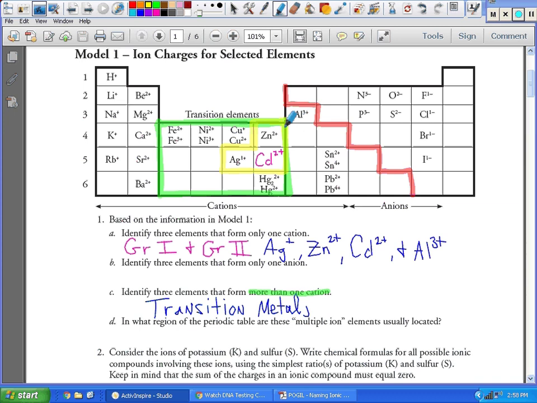Those 3 right there. Now, why do you think that when we've kind of talked about this, all this is kind of coming back full circle. Why do you think that those 3 don't need Roman numerals? There's only one possible charge. So do you have to identify which one you're talking about? No, it's only one possible charge. Yes, sir.